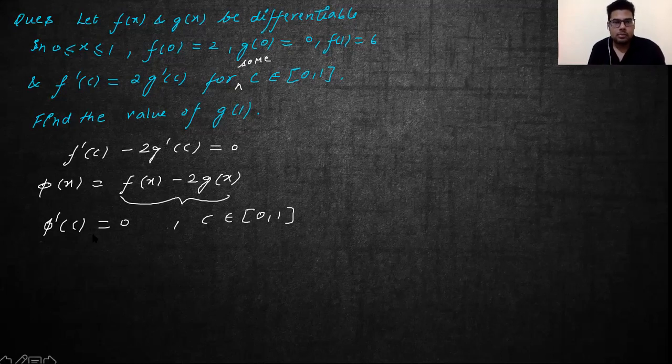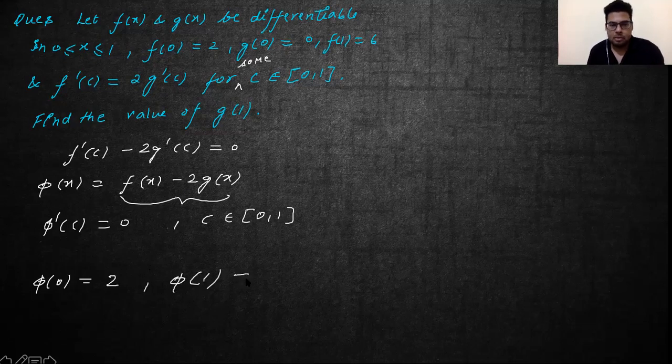Now, between 0 to 1, let us try to find out what is phi of 0. Phi of 0 is f of 0, which is 2, minus 2 times g of 0, which is 0. So phi of 0 is 2. Phi of 1 is f of 1, which is 6, minus 2 times g of 1, which we have to find out.